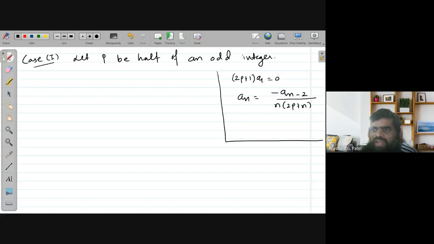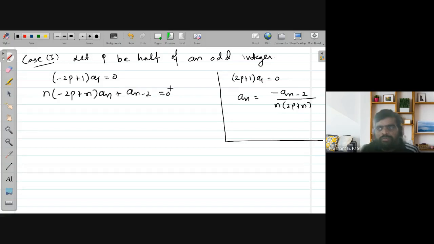So due to that, we can say that minus of 2p plus 1, a1 equal to 0, and the other quantity is n into minus 2p plus n an plus an minus 2 is 0, for n running from 3 up to so on.